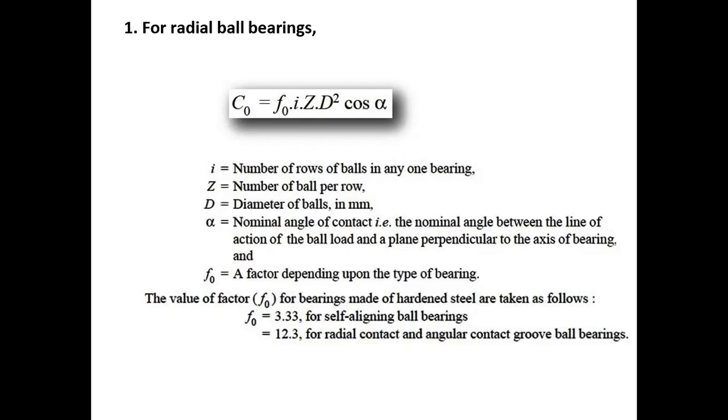The nominal angle is between the line of action of the ball and a plane perpendicular to the axis of the bearing, where f0 is a factor depending upon the type of bearing. The value of factor f0 for bearings made of hardened steel is taken as follows: f0 = 3.33 for self-aligning ball bearings and 12.3 for radial contact and angular contact groove ball bearings.